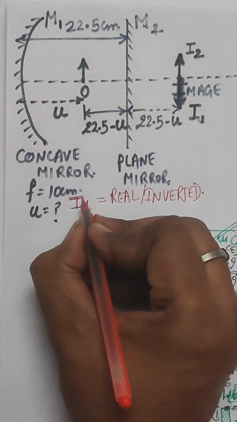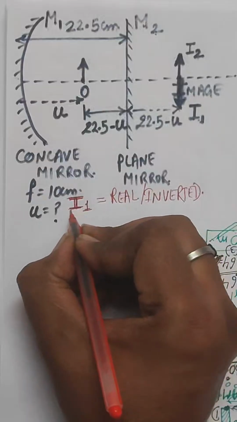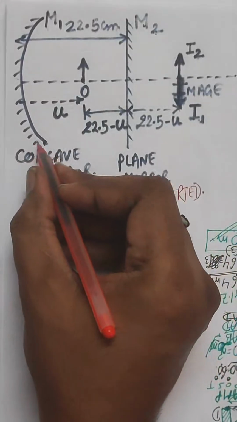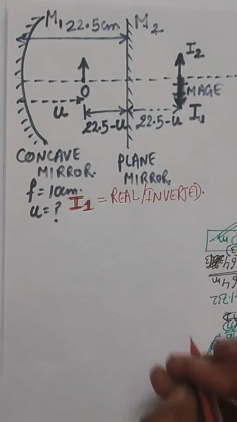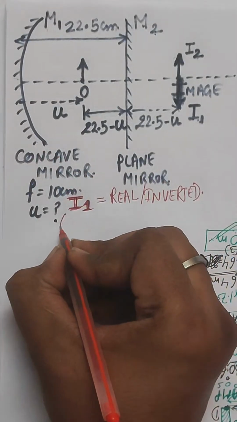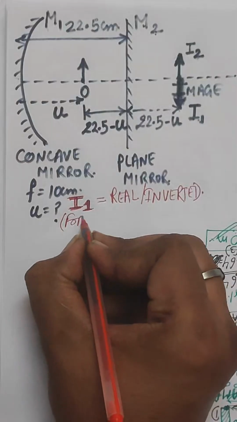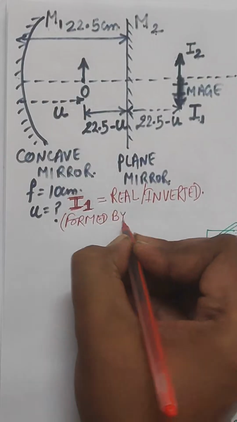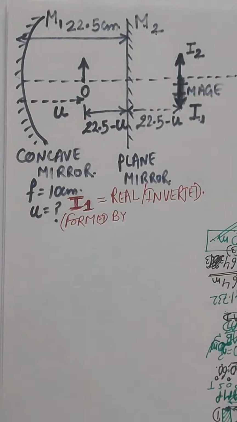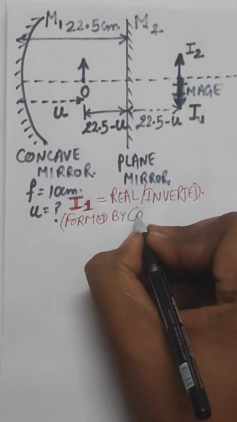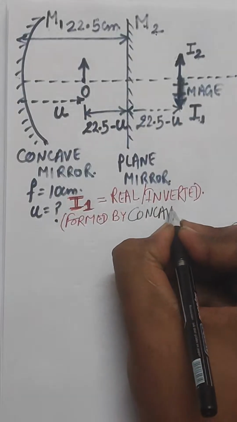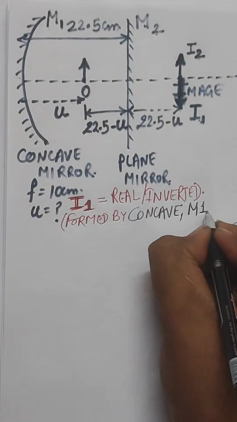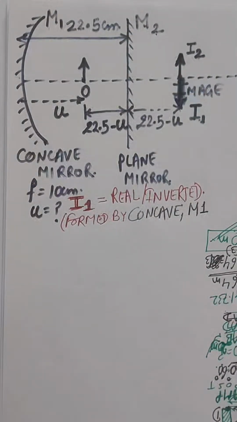Because this I1 is formed by this concave mirror, that is M1, right?